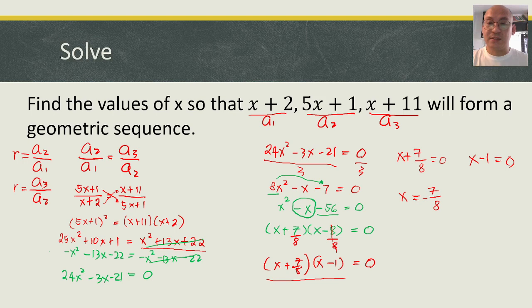So this is the first value of x. And the other value of x is by adding positive 1 to both sides, so we have now x is equal to 1. So these are now the two values of x.